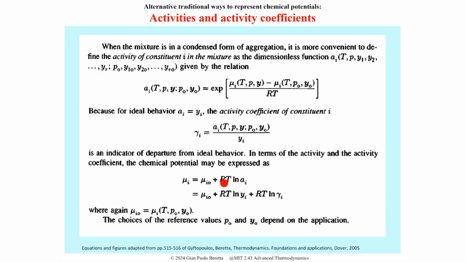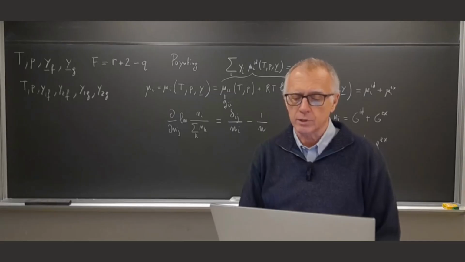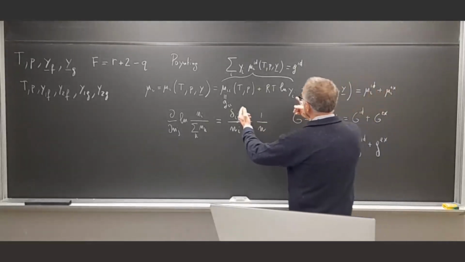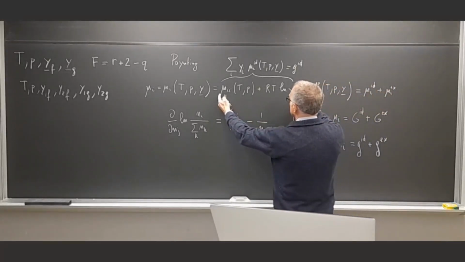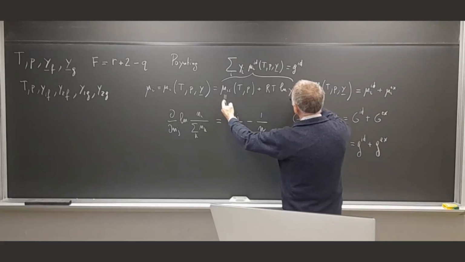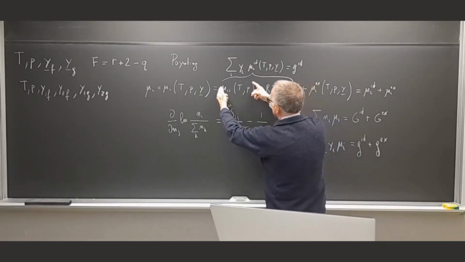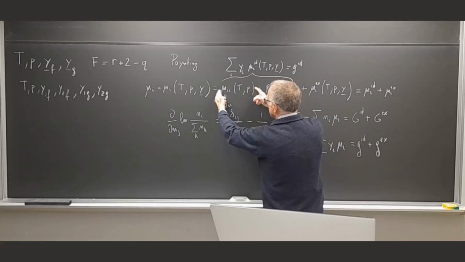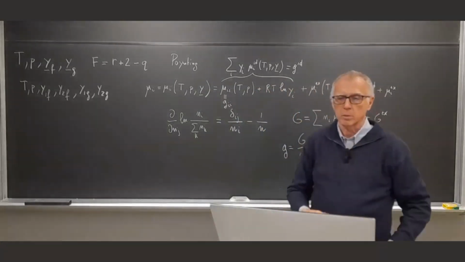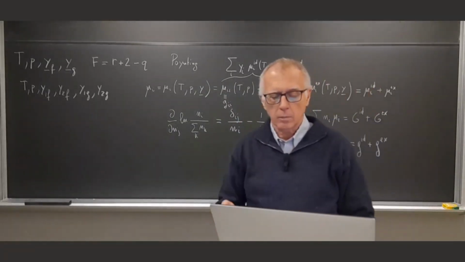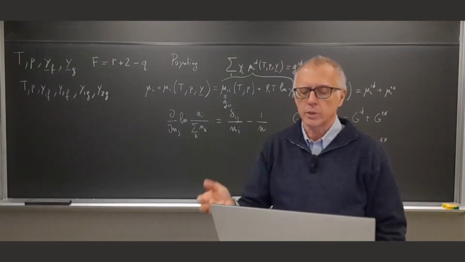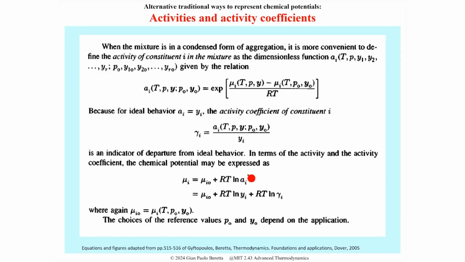And that means that essentially you are rewriting your chemical potential as a term evaluated at those reference conditions, plus RT log of the activity, so that you have an equation that resembles this one, except that here you have the activity, and here you have taken a reference chemical potential, not for the pure substance, but for the mixture at some conditions that you decide to be useful as a reference.